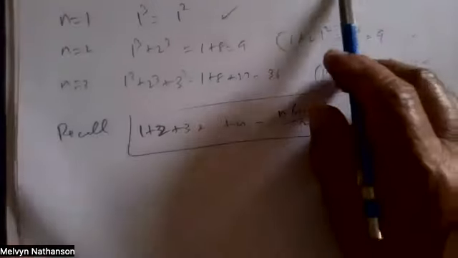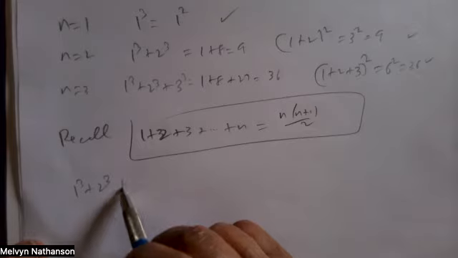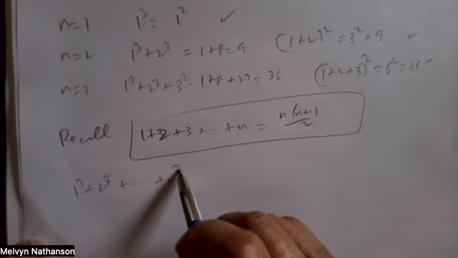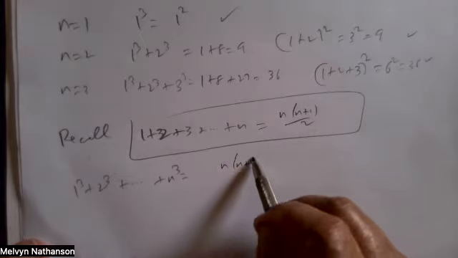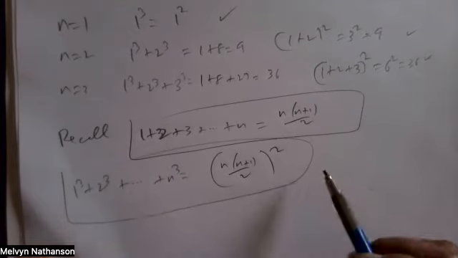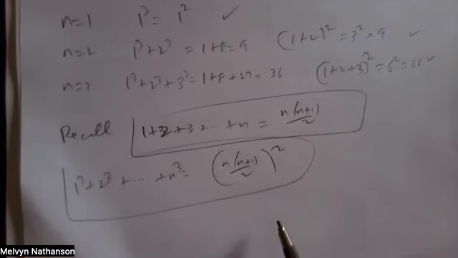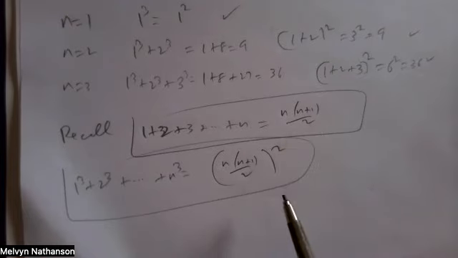So another way of saying what we want to prove is that 1 cubed plus 2 cubed up to n cubed is n times n plus 1 over 2, all squared, right? So this is the equivalent statement. Okay, so I'm going to use this fact.